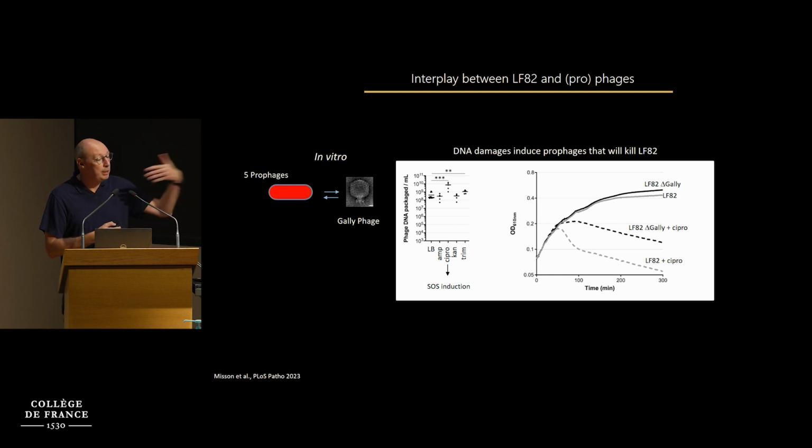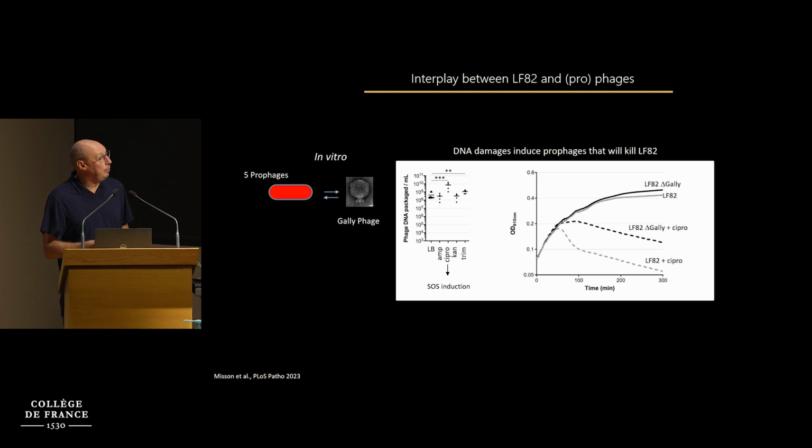So in LB culture, you produce about 10 to the 8 phages per ml of culture. This is quite high for a phage. And what they observed is that you can induce this phage even more with treatment with ciprofloxacin, which will damage DNA and induce the DNA damage response in E. coli called the SOS response.